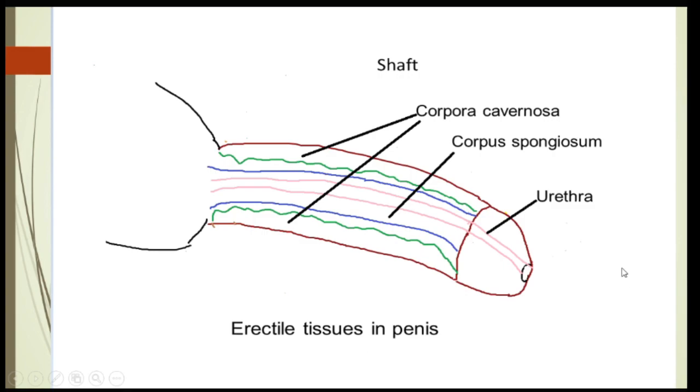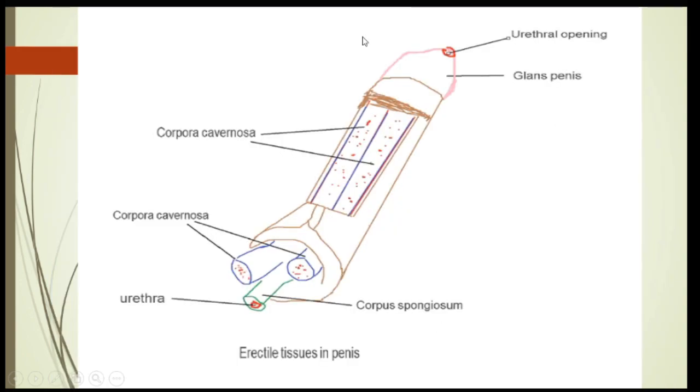We will see one more figure. This figure is also showing the erectile tissues. As I have shown, this is the penis, and I have just cut the upper region of the penis over here. So this is the cut region.